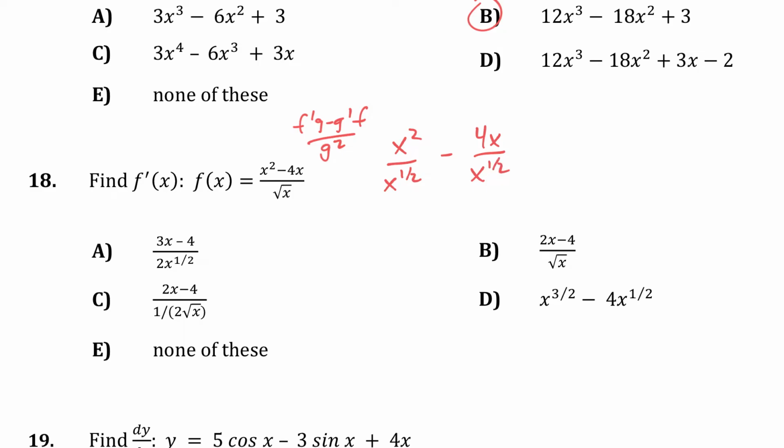And what have we got here? This is 2 minus that. So 2 minus a half is 3 halves. So this is x to the 3 halves minus, what, this is 1 minus a half. So that would be minus 4.